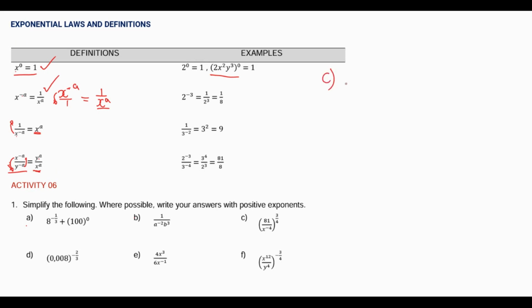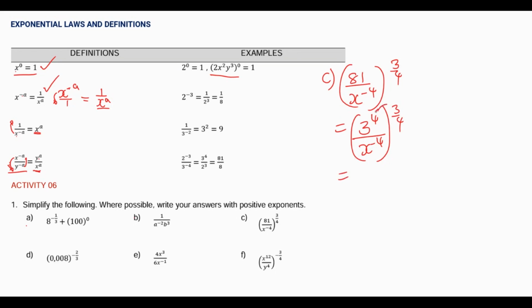Right, c, 81 over x to the power negative 4 to the power 3 over 4. Right, 81 is 3 to the power 4 when written as a product of its prime factors, and then x to the power negative 4, right, to the power 3 over 4. This is a power of a quotient. So we distribute the outside exponent. It becomes 3 to the power 4 times 3 over 4 over x to the power negative 4 times 3 over 4.